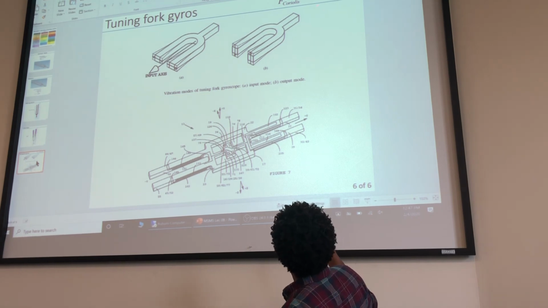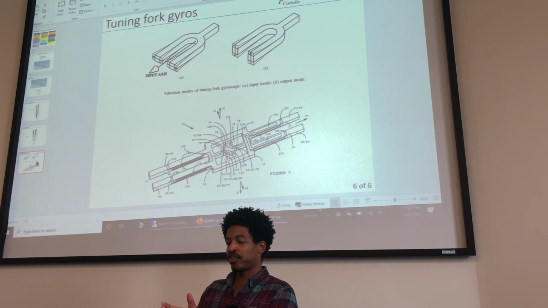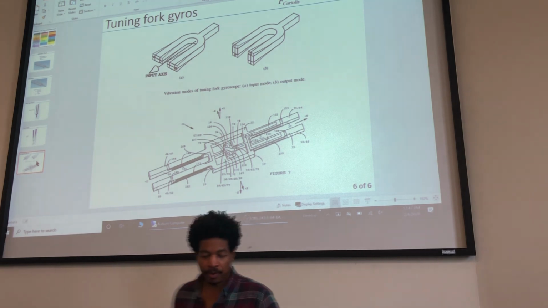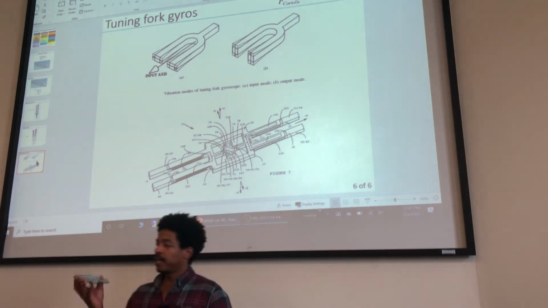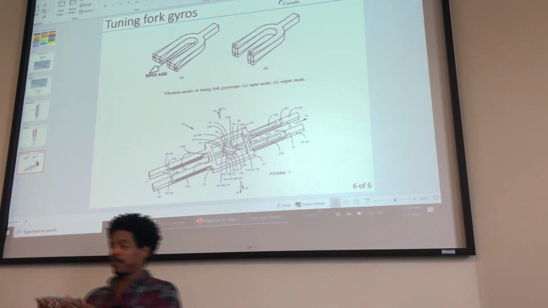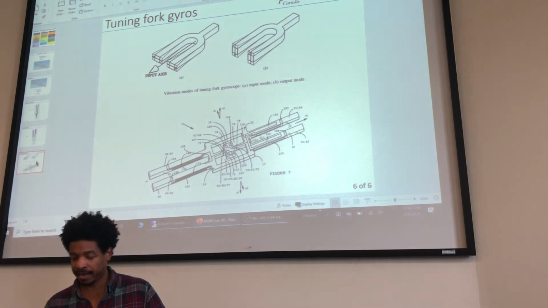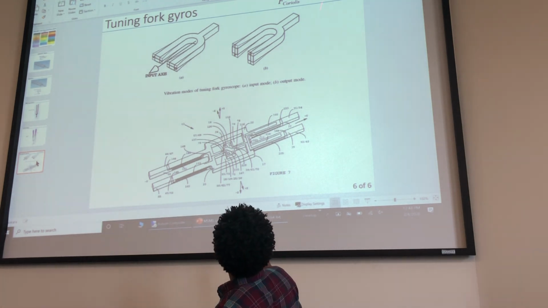Here's the Coriolis force equation: it's 2 times the mass of the proof mass that's moving, times the velocity, times omega, the rate at which the structure is rotating. For example, you have a gyro on your phone, and if you rotate it fast or slow, it's able to determine how fast you're rotating by using this equation.